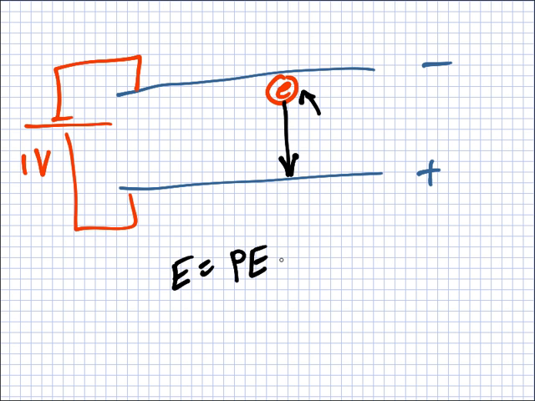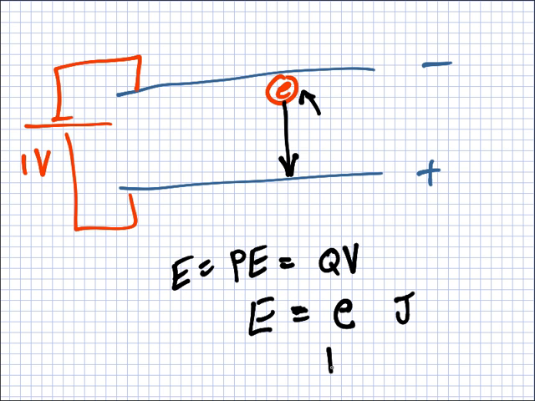What did we say the formula was? QV. Now what's the charge for Q, for an electron? What letter do we use, do you remember? It's E. And what do we say the V is here? It's 1 volt. So in this picture here, the amount of energy we had would equal E joules.